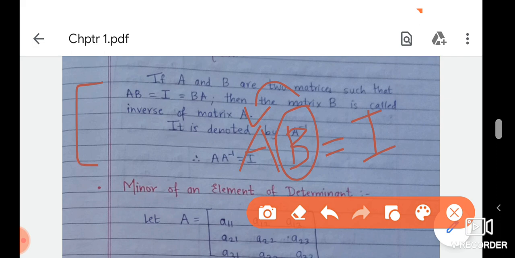Identity matrix. What is the definition of the identity matrix? Yes, diagonal elements are 1, rest all are 0. So if after multiplying matrix A by B you are getting this, then B is the inverse of matrix A. And we denote the inverse of a matrix by A raised to minus 1. Okay.